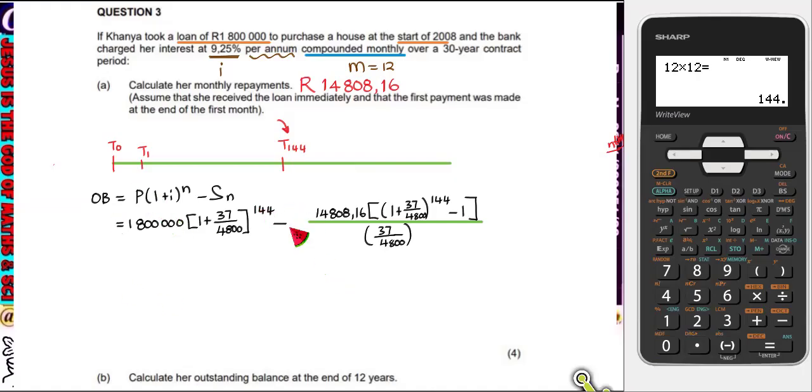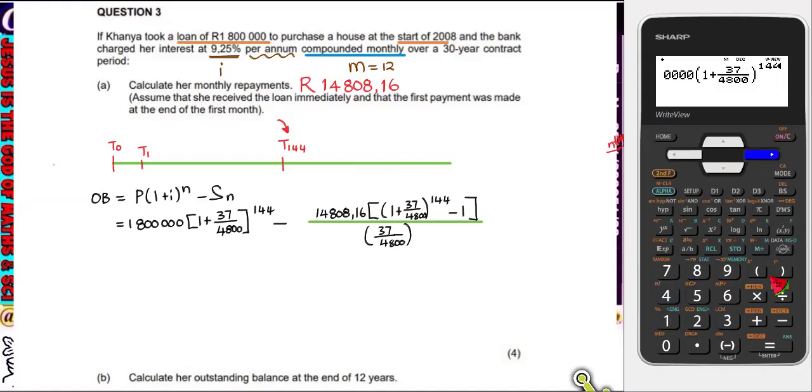Now just work it out on the calculator. I've got the loan, open the bracket, 1 plus 37 divided by 4,800, close the bracket to the power of 144.